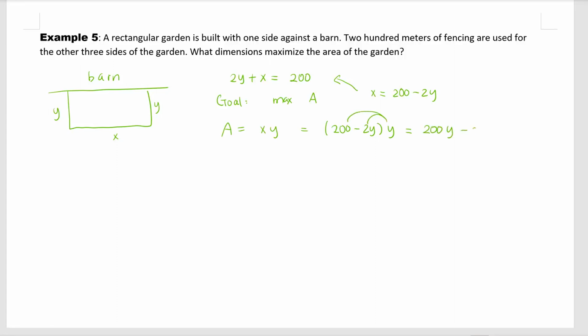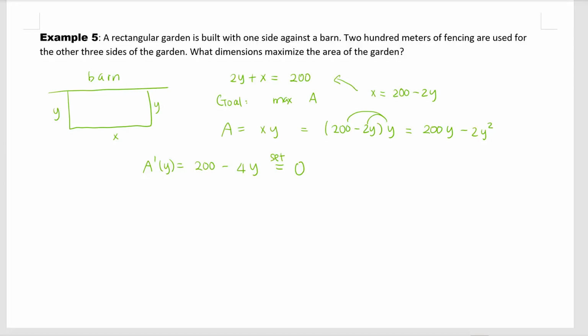Then we just need to do the power rule. So A prime of y is 200, y prime is 1, minus 2 times 2, 4y. So this is our derivative, and we set it equal to 0.